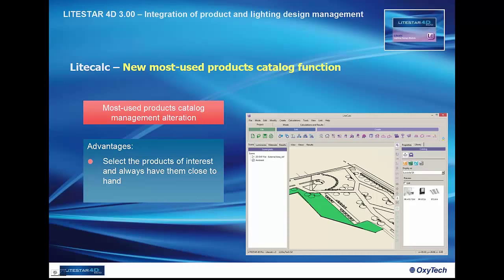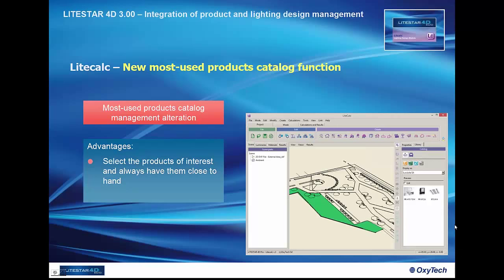Another interesting feature that we introduced with this new version is the most used products catalog function. It means the feature that you have at the right side of the main window of Lightcast here. This is the catalog of the most used products, where you can store your own products.